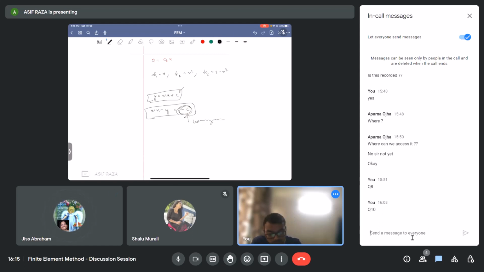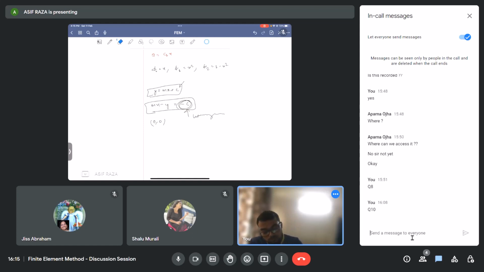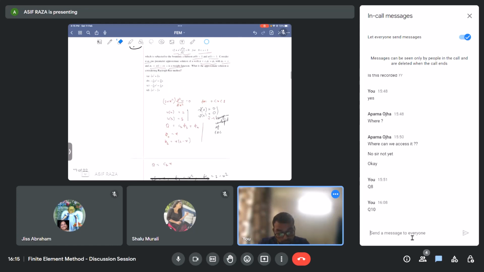This is not 0, so this is not a homogeneous equation. When I substitute everything as 0, both sides should satisfy the zero condition, right? But this won't be the case here. If I substitute y equal to 0, x equal to 0, c will be remaining on the right hand side, which won't be equal. So that's a requirement for this weight function. But that is not in regards of the Rayleigh Ritz method.